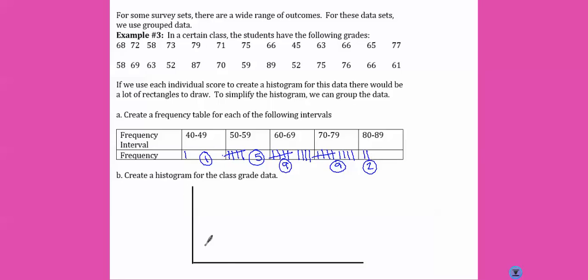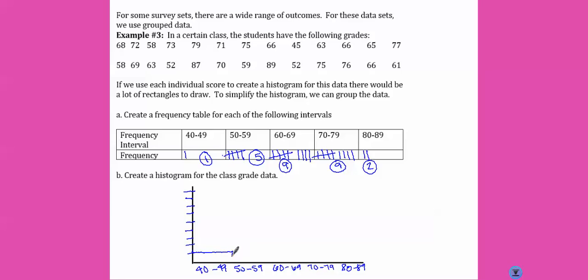So I'm going to put my intervals on the bottom. And then I'm going to label up to 9 on the side: 1, 2, 3, 4, 5, 6, 7, 8, 9.